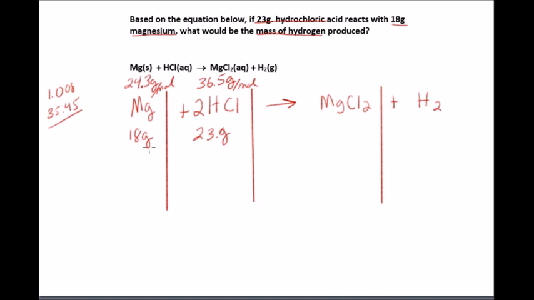All right, now we can do our conversions of 18 grams of magnesium. Once again, you want to put your grams on the bottom so your units cancel. All right, and that's 0.741 moles.